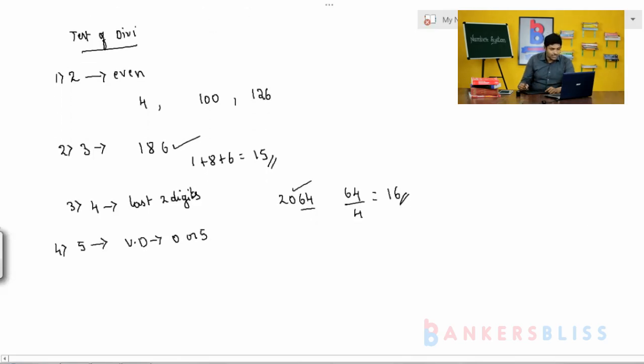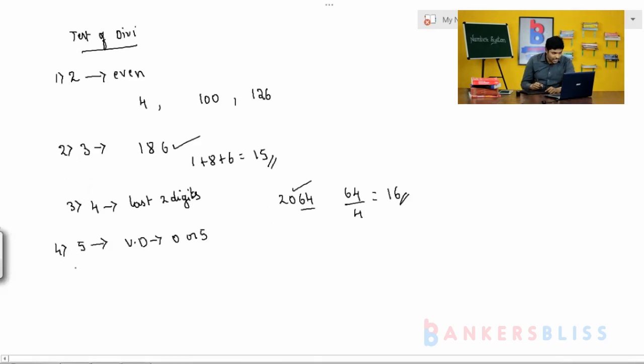If the number should be divisible by 5, then the unit digit should be 0 or 5. If the unit digit is 0, then the number is divisible by 5. If the unit digit is 5, then the number is divisible by 5. So any number which ends with 0 or 5 is divisible by 5.